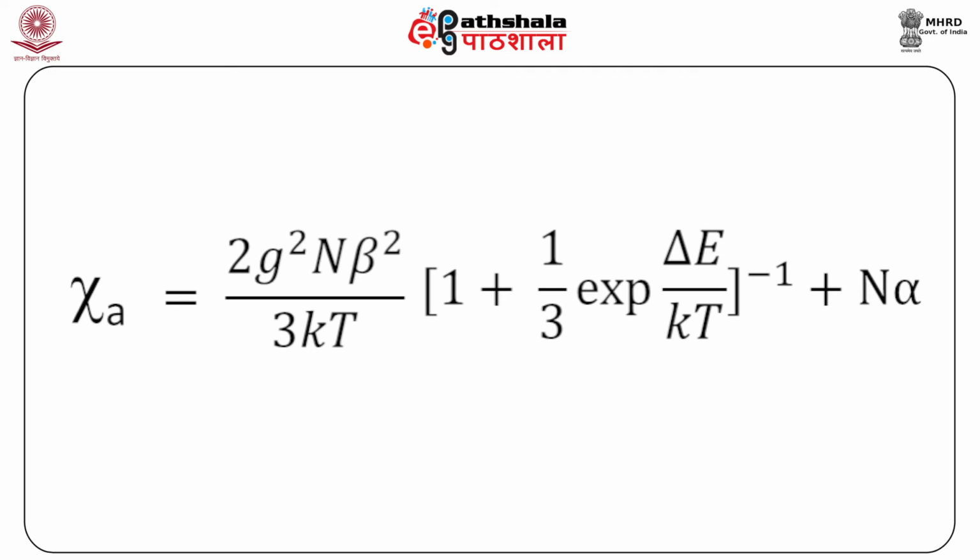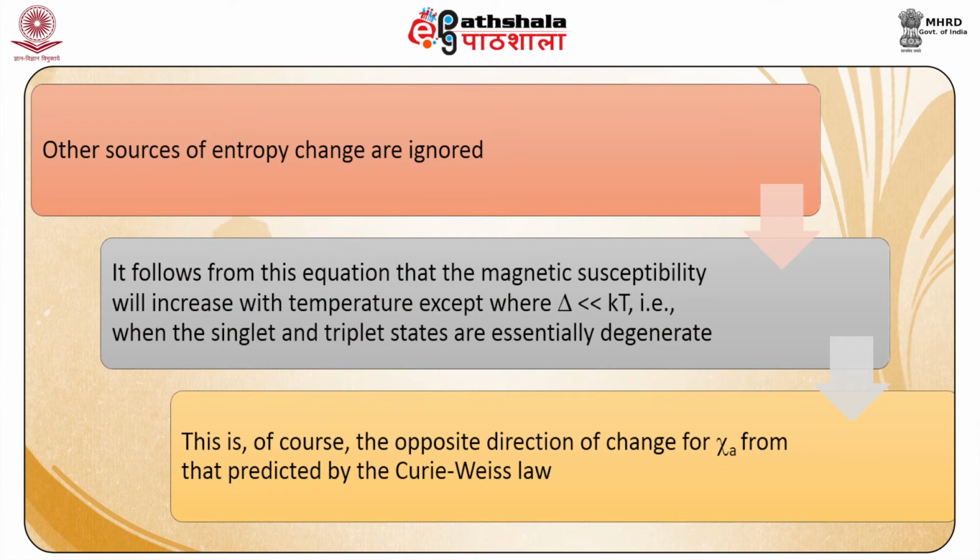The factor 1/3 arises because a small increase in entropy is associated with the increase in spin multiplicity. Other sources of entropy change are ignored.